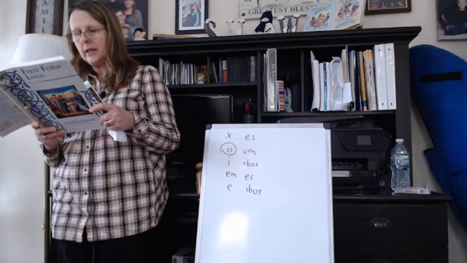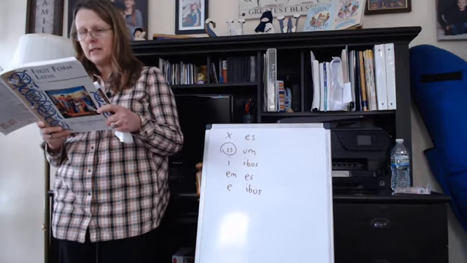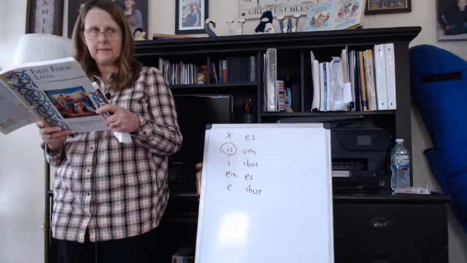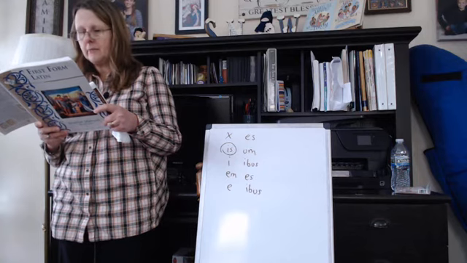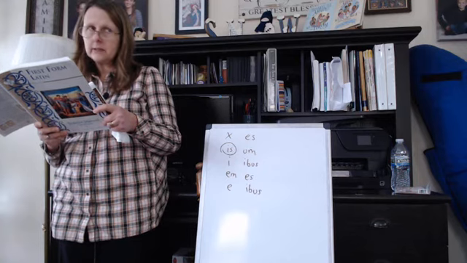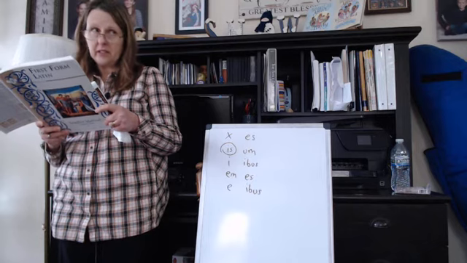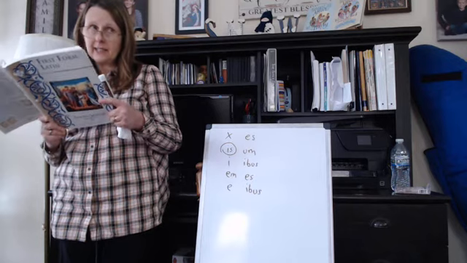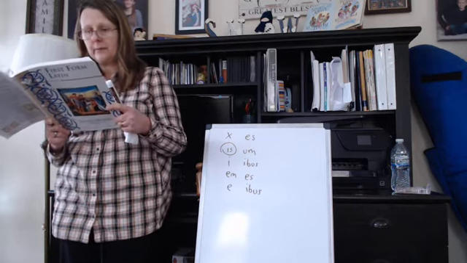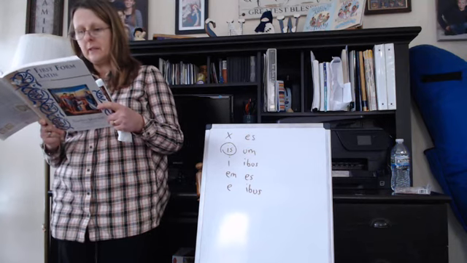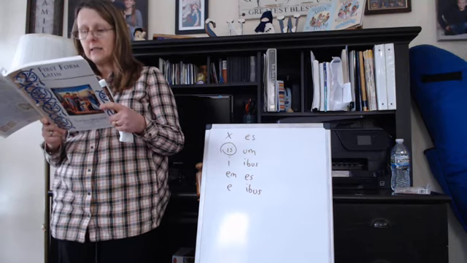The next one, mater, matris, mother. Mothers are women, so it's feminine. So far, we're good. If you could remember dux, that leaders were guys, so far we're good. Miles, militis, soldier.